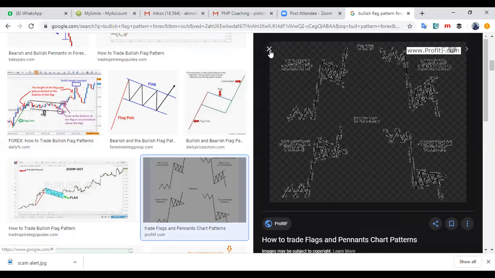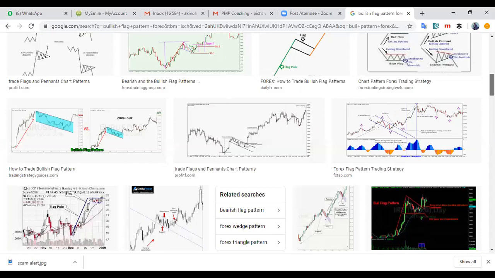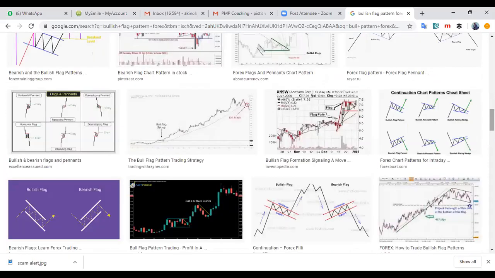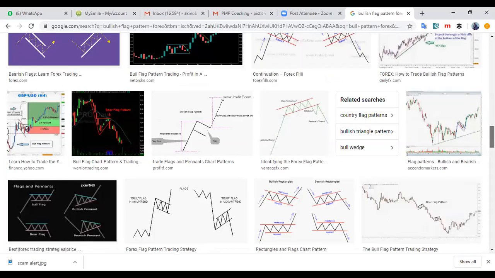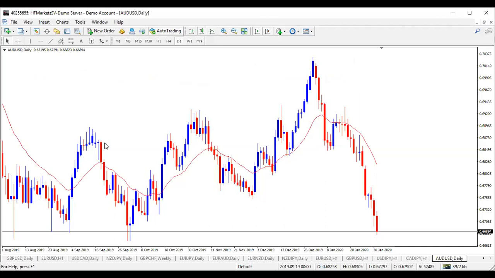What you should pay attention to is the pole, the consolidation, the breakout. That's all. The pole, the consolidation, the breakout. So let's now go to our charts and check some things out. You can start dropping your questions while I show what we can see in our chart.